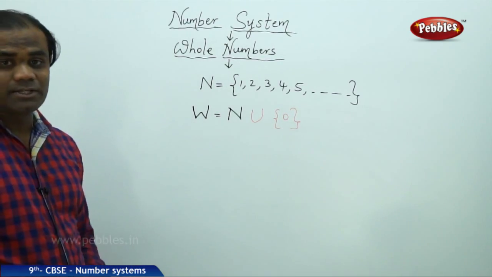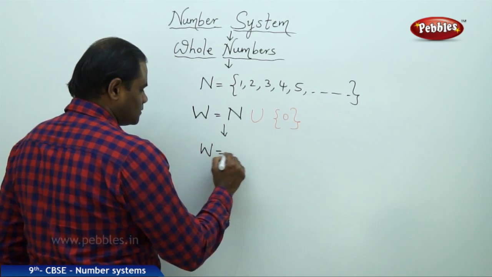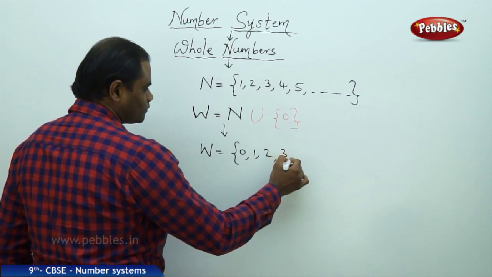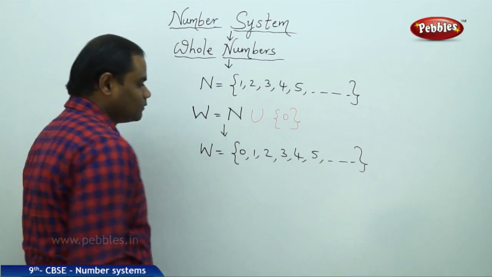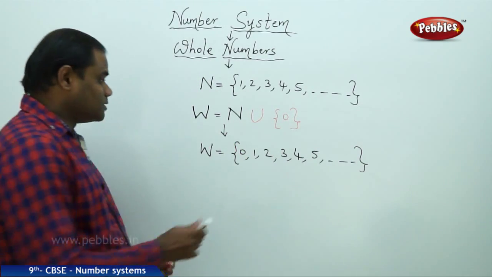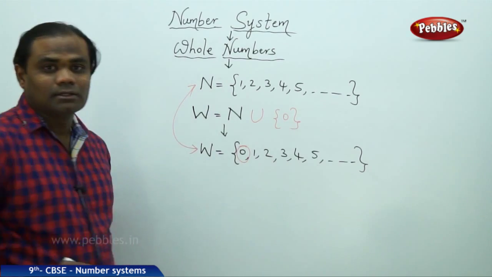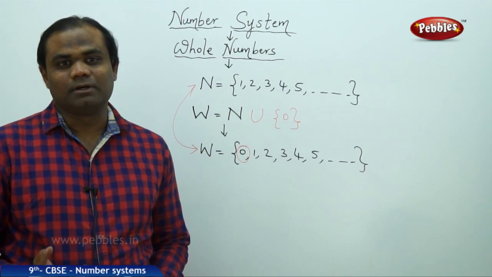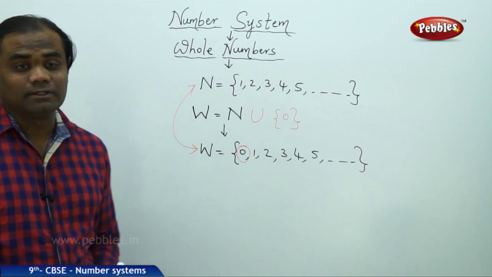So with this we understand that the set of whole numbers is 0, 1, 2, 3, 4, 5, with the only additional difference being 0 between the natural numbers and the whole numbers. 0 along with a natural number is a whole number, is how we identify through the words.